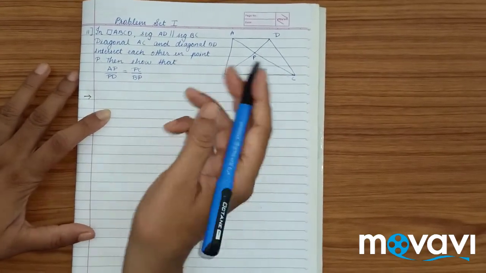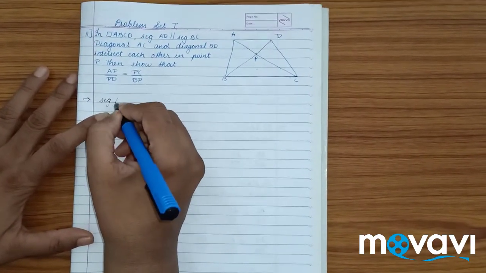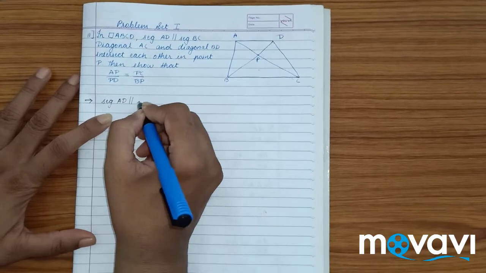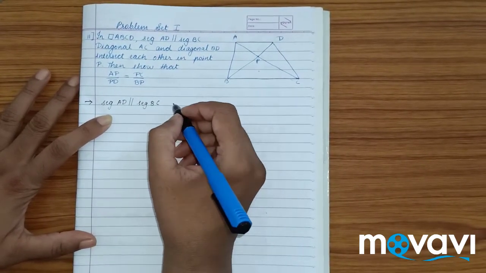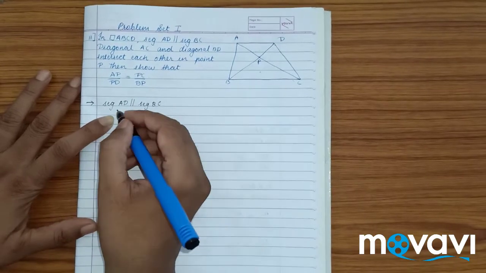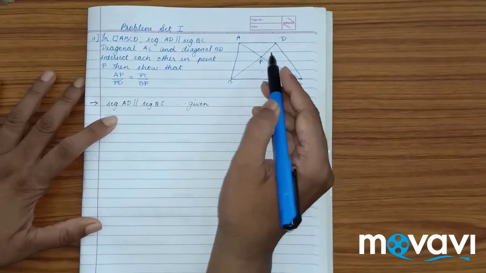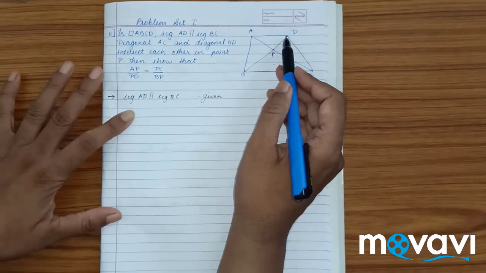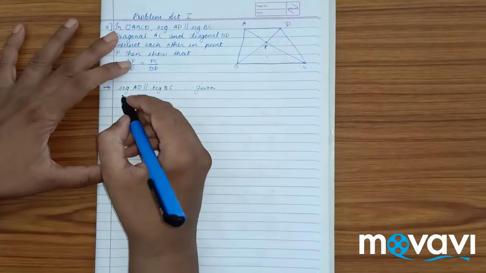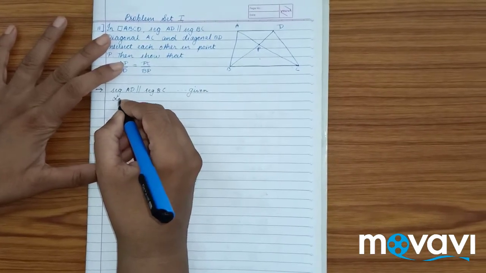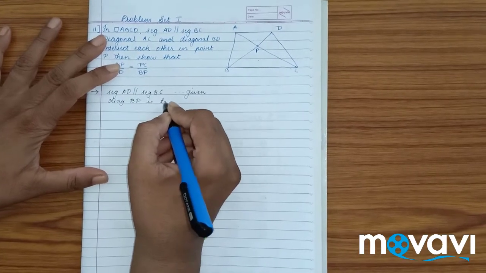We start with what is given to us. Okay, what is given to us? Segment AD is parallel to segment BC. This is given to us. Now if it is parallel, we'll consider diagonal BD as transversal.